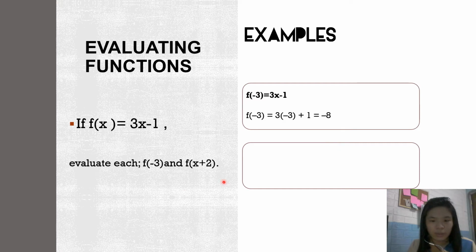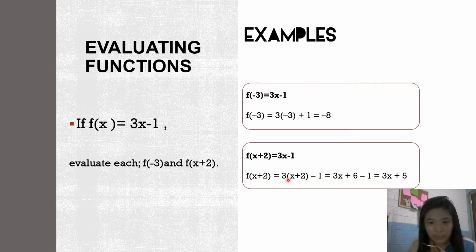How about f of x plus 2? Same procedure. We substitute the value of x by x plus 2. Our function notation is 3x minus 1, right? So we substitute the value of x by x plus 2. So, 3 multiplied by x plus 2, minus 1, since the value of x here is x plus 2. First thing we need to do is to multiply this.